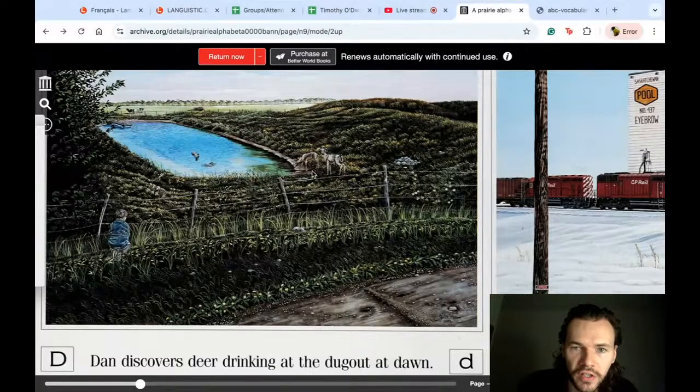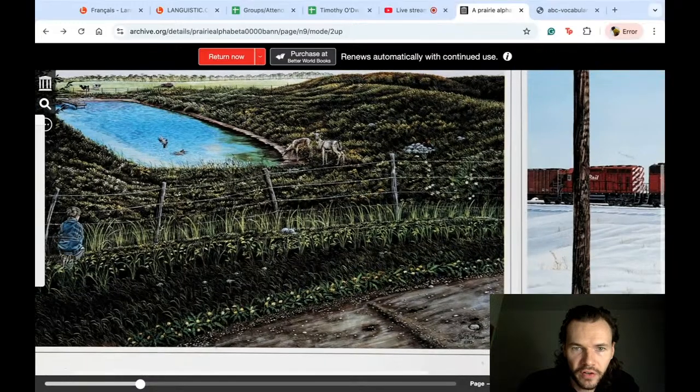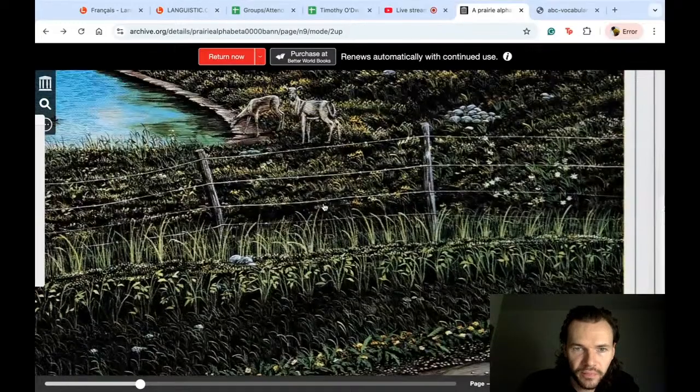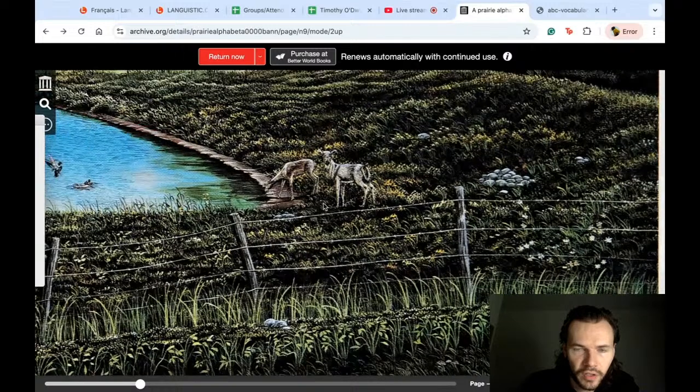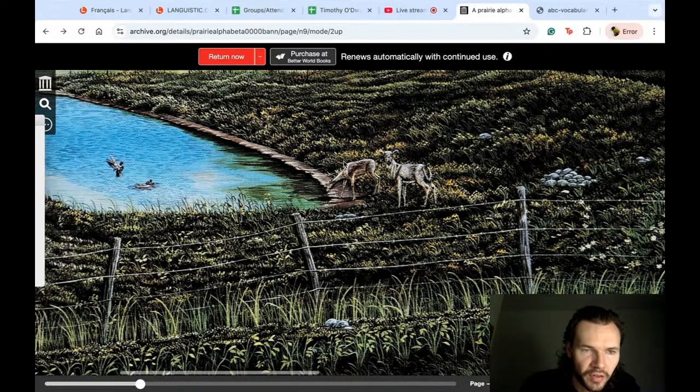These are deer. Let's get a closer look at the deer. It's very clear. I like it. These are deer. Oh, and here we have a couple other animals. These are birds.